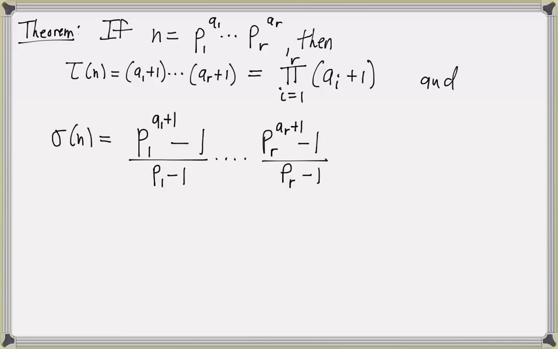Again, using product notation, is the product where i goes from 1 to r of the factors pi to the ai plus 1 minus 1 over pi minus 1. So these formulas will follow from the formulas for a single prime power and the fact that tau and sigma are multiplicative.